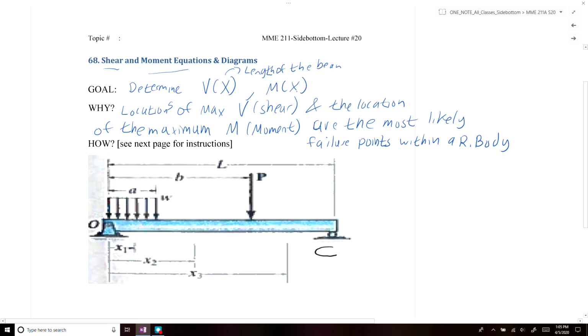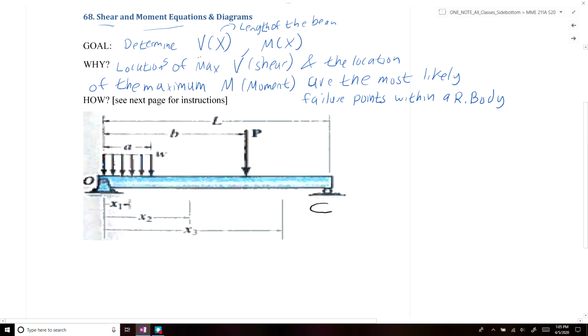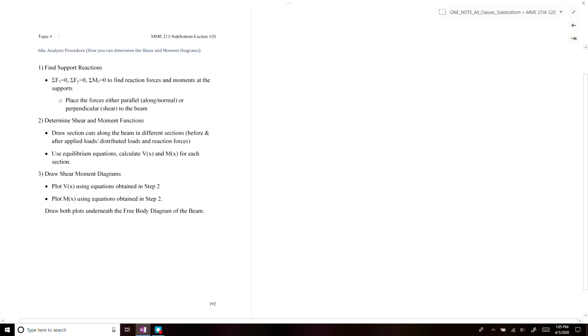So the moment is a function of the length of the beam. How we can determine V of x and M of x is we can look at the next page for a set of instructions.